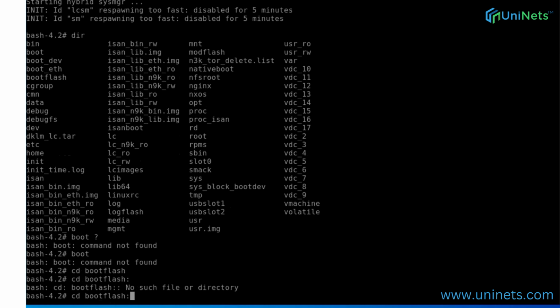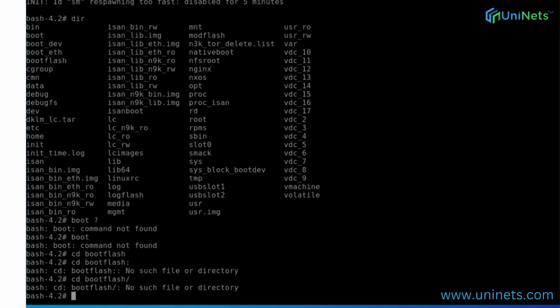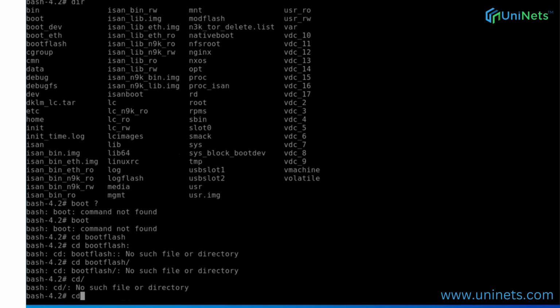Type in, are semicolons taking or not after CD? Now it is in bash mode.